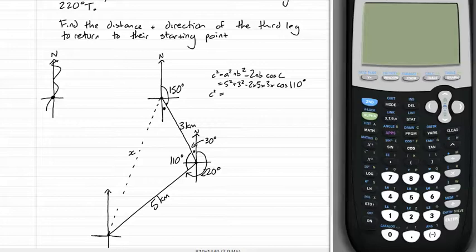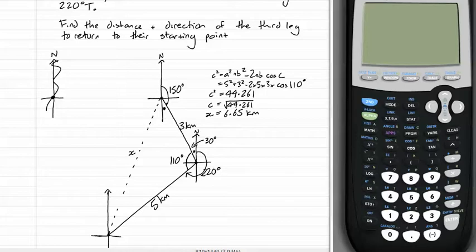So c squared is 44.261, and we're going to be using c later, and we'll probably want quite an accurate number, so we may wish to use it as that square root there, but I've got 6.65, so x is 6.65 kilometers that they've got to walk to get back home.